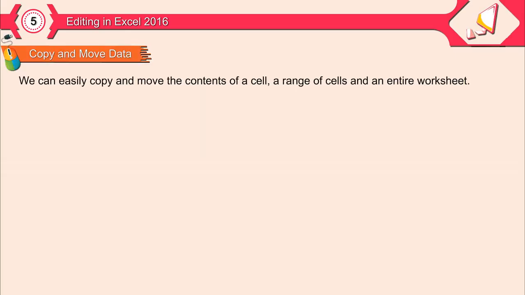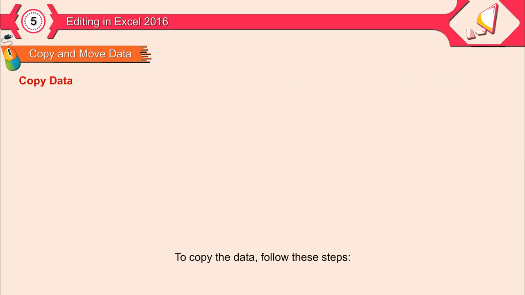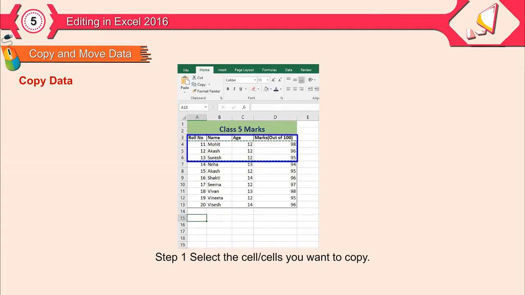Copy and move data. We can easily copy and move the contents of a cell, a range of cells, and an entire worksheet. Copy data. To copy the data, follow these steps. Step 1. Select the cell or cells you want to copy. Step 2.